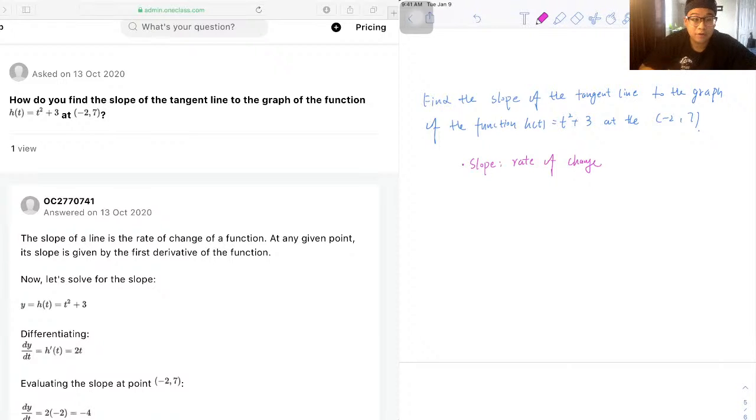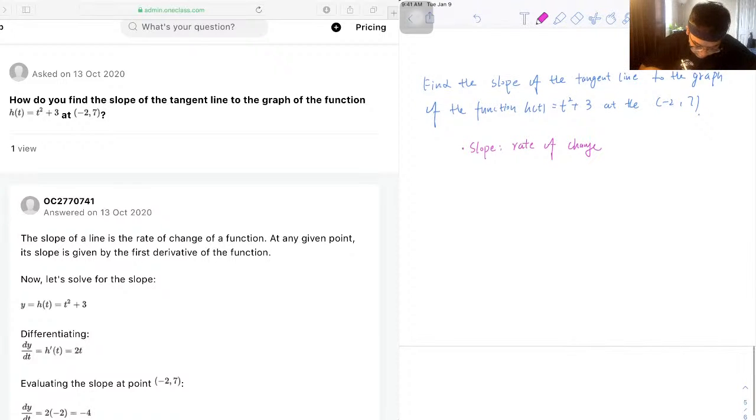So at any given point, the slope is given by the first derivative of the function.